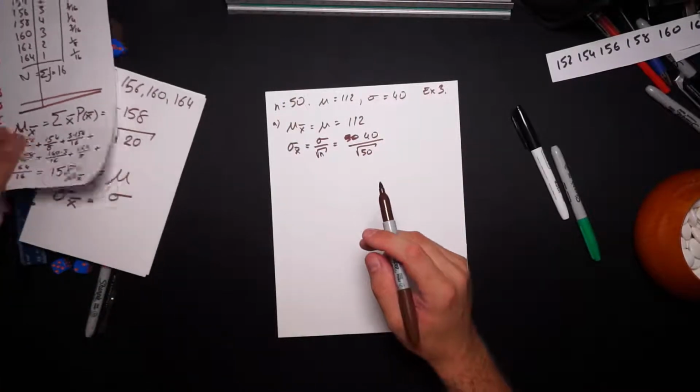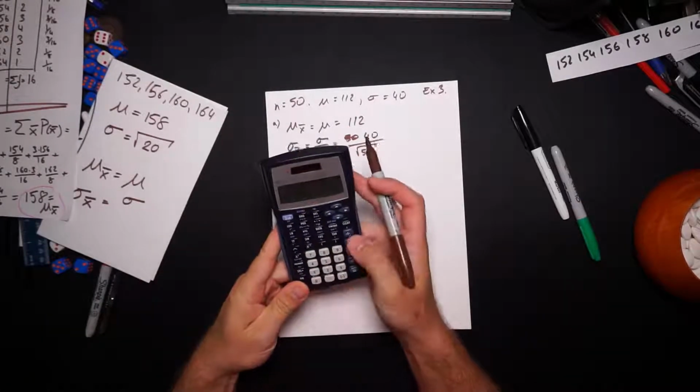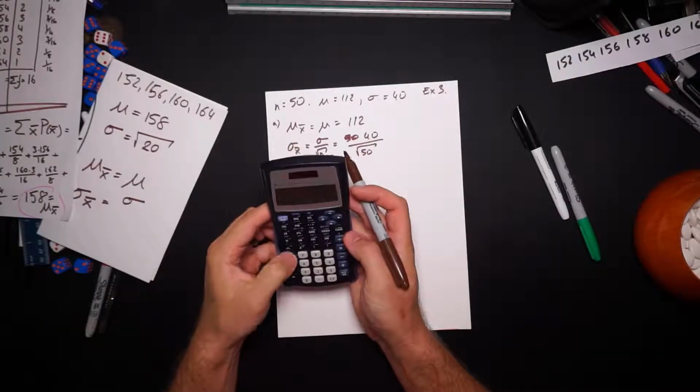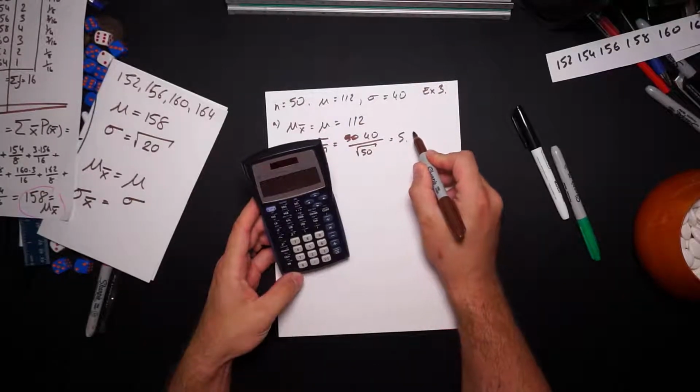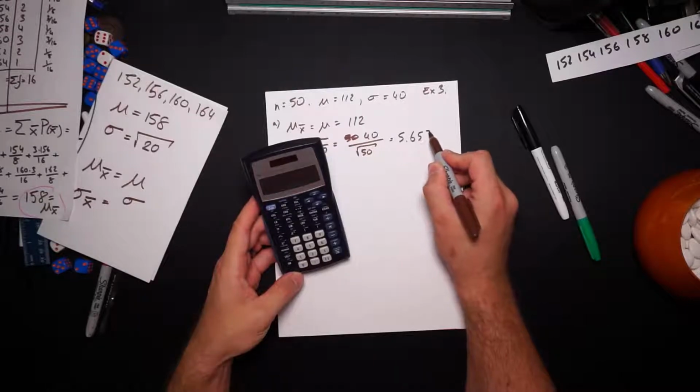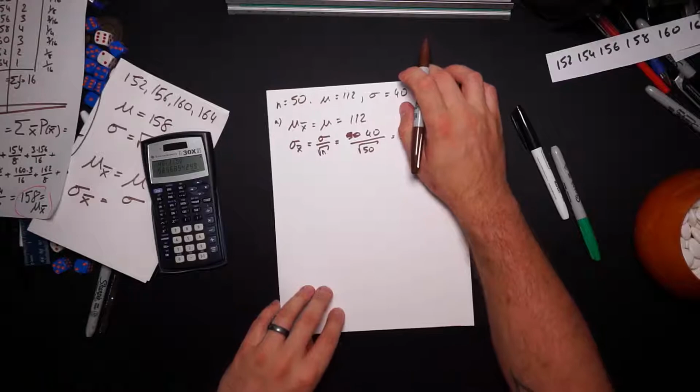Where's my calculator? My kingdom for a calculator. All right, so this is 40 divided by the square root of 50, which is 5.657. All right, so this is A.